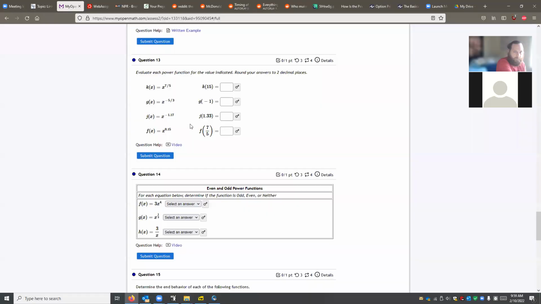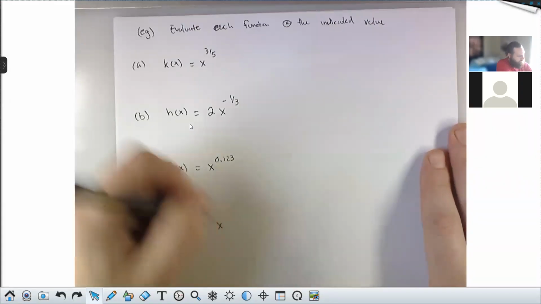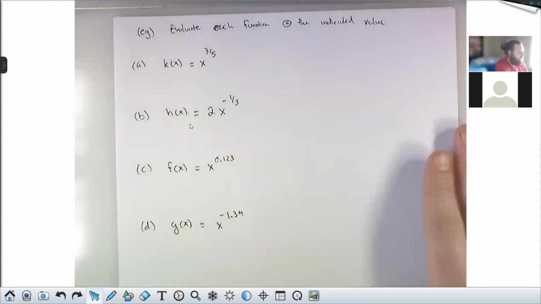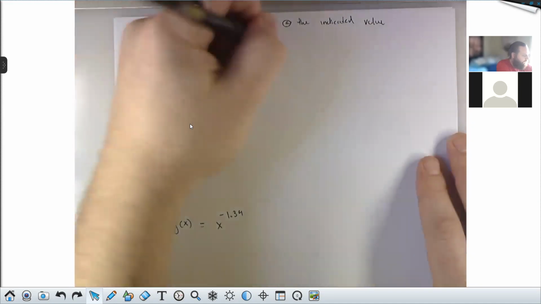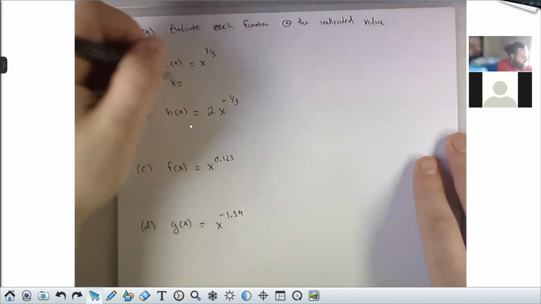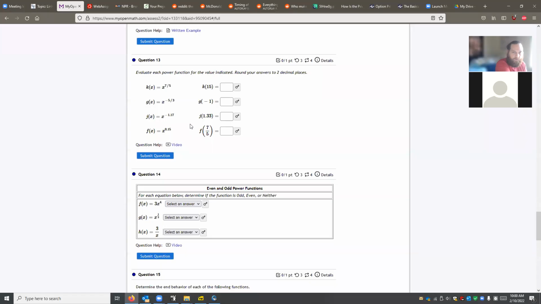Yeah, just something like that. Okay, and we're going to evaluate the function at the indicated value. So here, let's use something like x equals, anything interesting, integers.